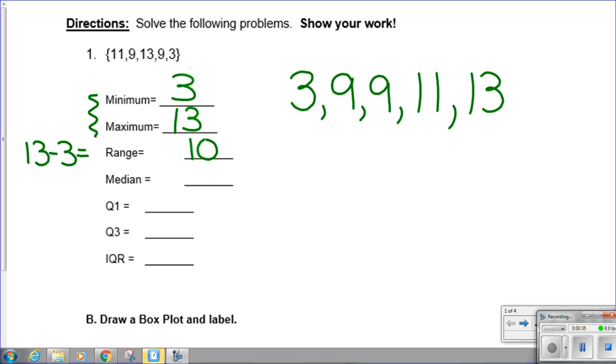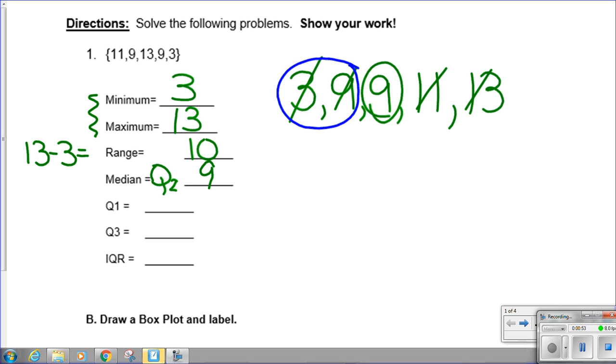Median is also called your Q2, so make sure that you are able to identify that that is your Q2. And to find that, we need to find the middle, and that happens to be 9. Q1, in this case, I only use the 3 and the 9. I do not use that middle circle 9. And so 9 plus 3 is 12. 12 divided by 2 is 6.